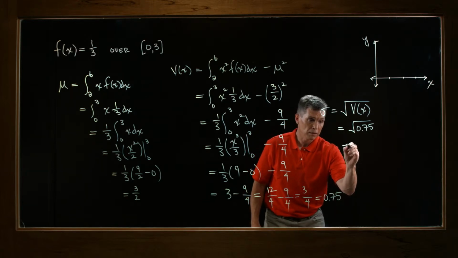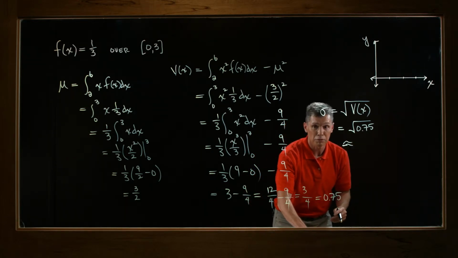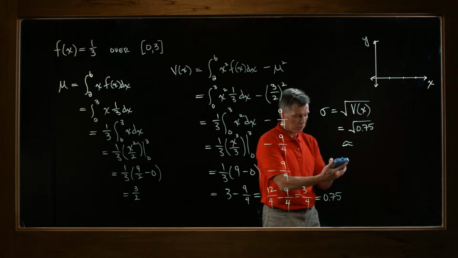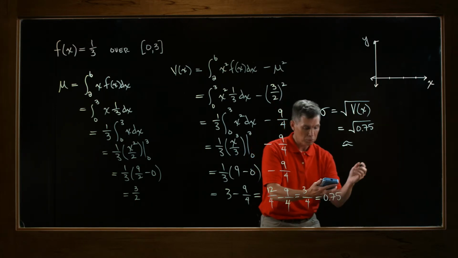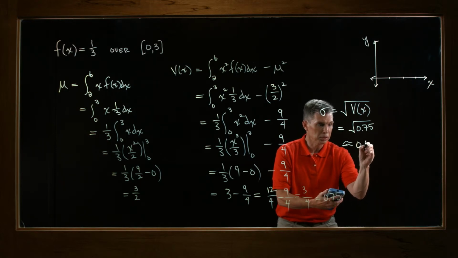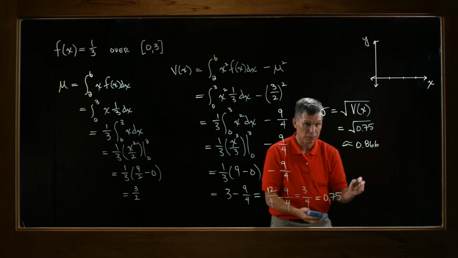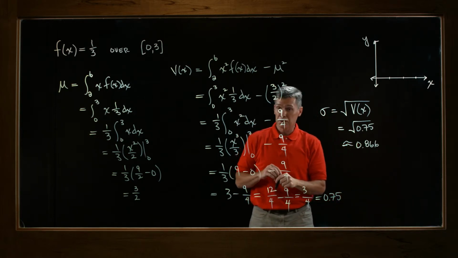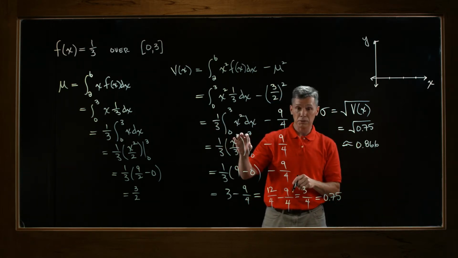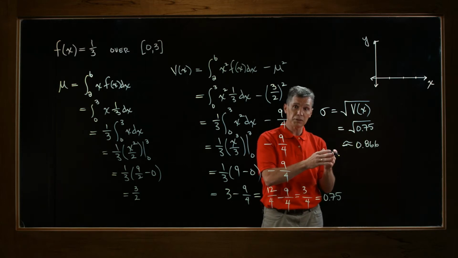And for that, you grab a calculator if you want. So we would be looking for the square root of 0.75, approximately equal to 0.866. So the problem gave us that probability density function. We found the expected value, the variance, and the standard deviation.